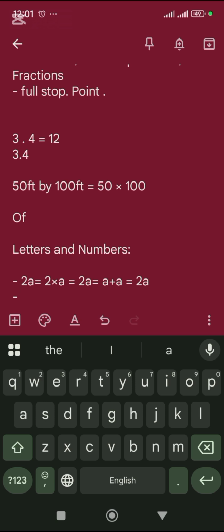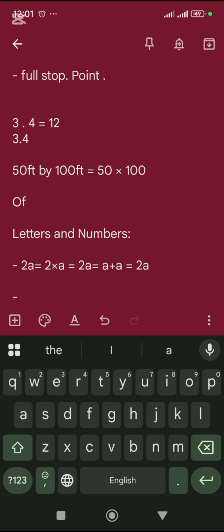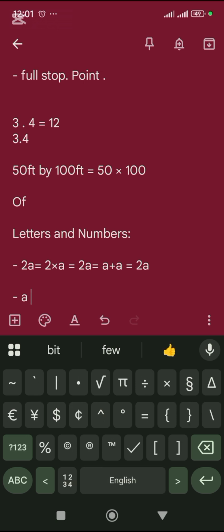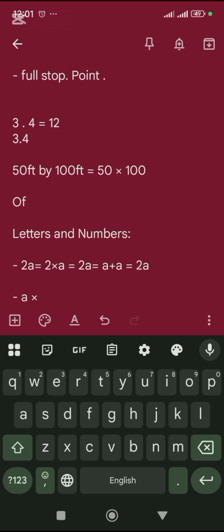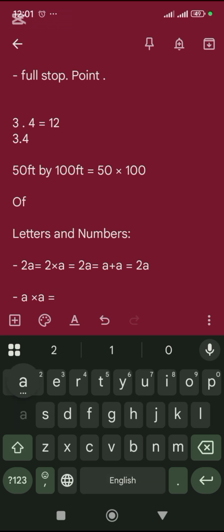Another case would be where you have something like a times a. In this case, a will be squared.